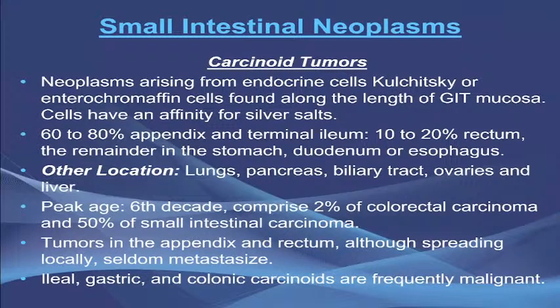The ileal, gastric, and colonic carcinoids are frequently malignant. Remember, carcinoids can be benign, of intermediate malignant potential, or overtly malignant. So when they occur in the ileum, stomach, and colon, they are frequently malignant.